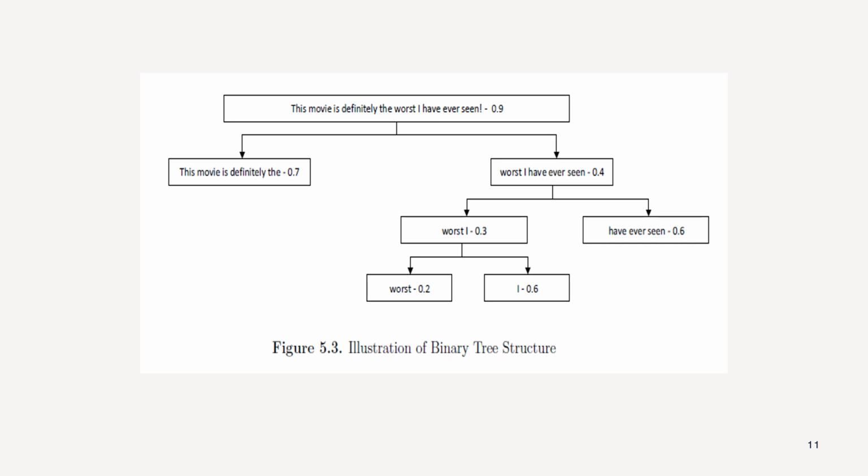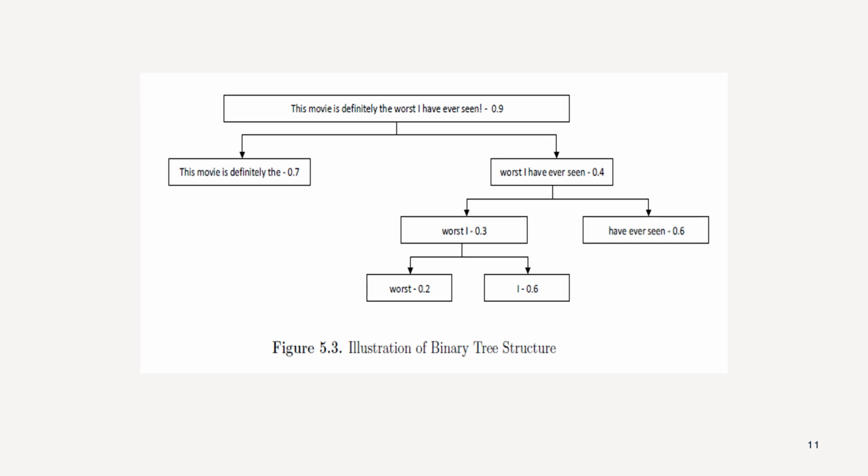For instance, "The movie is definitely" has a score of minus 0.7, and "worst I have seen" has a score of minus 0.4, which indicates a slightly less negative sentiment, with "worst I have ever seen" being minus 0.6.